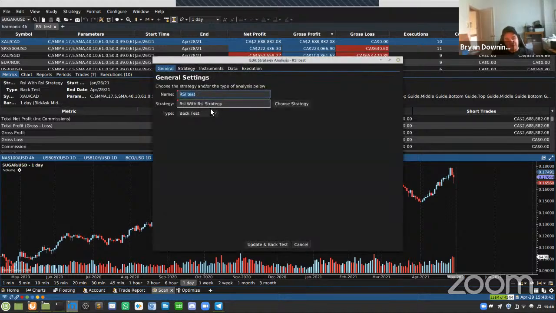Basically, this works off of strategies, and I hope you know the difference between a study and a strategy. Think of a study as the indicator. A strategy is the one that actually automates the study. So here we're going to just do a sample one on RSI. It's fairly simple.